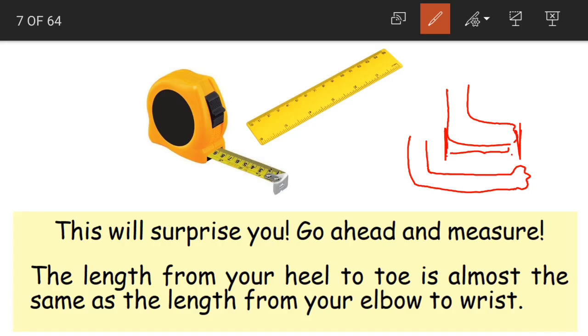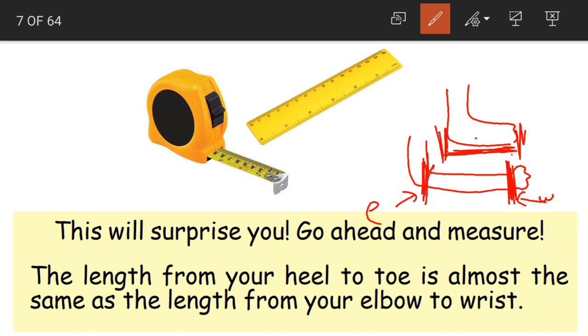Consider this as our hand. The length of our foot from heel to toe is almost equal to the length of our hand from elbow to the wrist. The wrist is here, children, where your palm ends. From wrist to elbow.